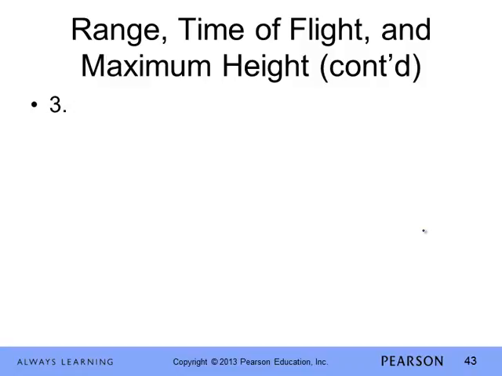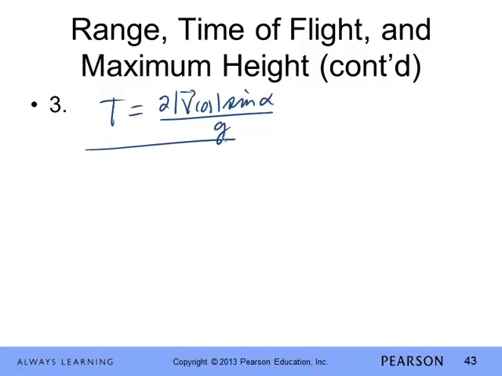We saw that the time of flight was equal to 2 times initial speed times the sine of alpha over g. So the max height is going to happen at T over 2. Does that make sense? Because of the symmetry of that trajectory.